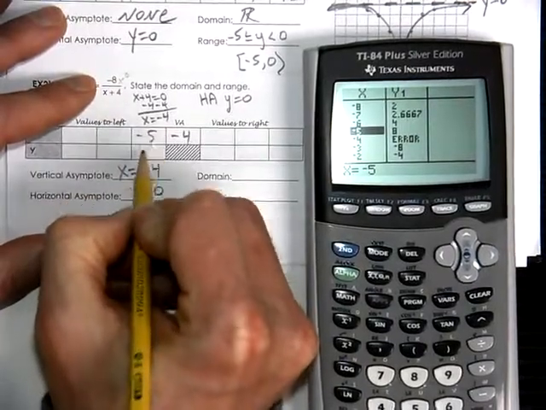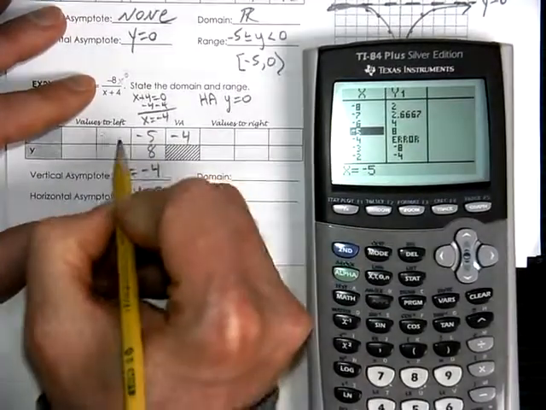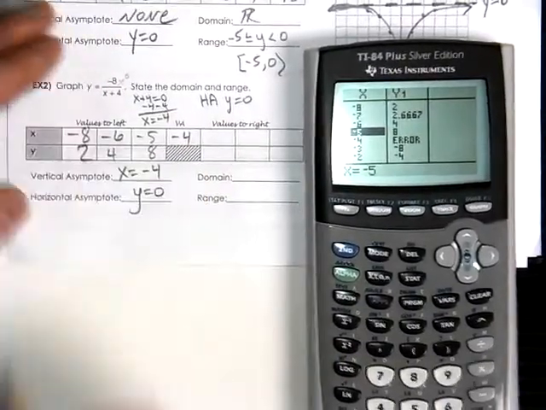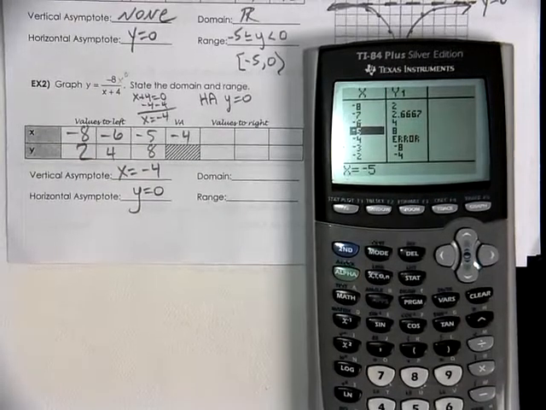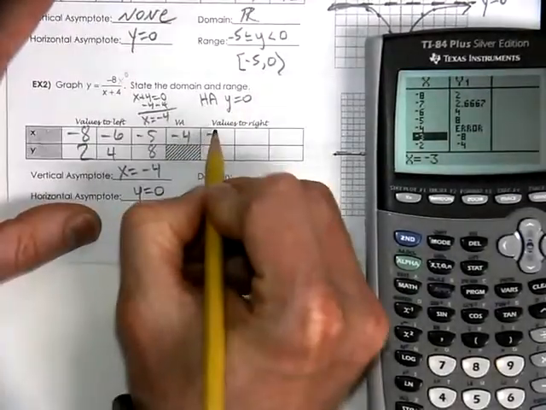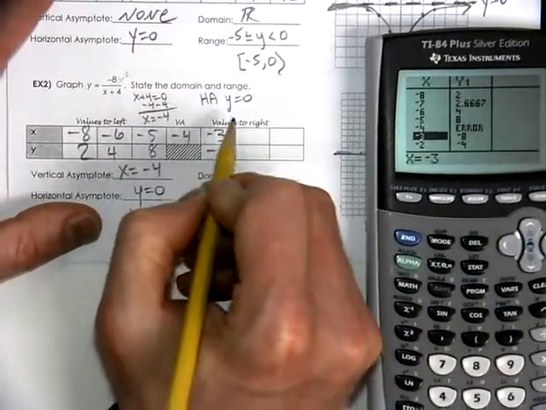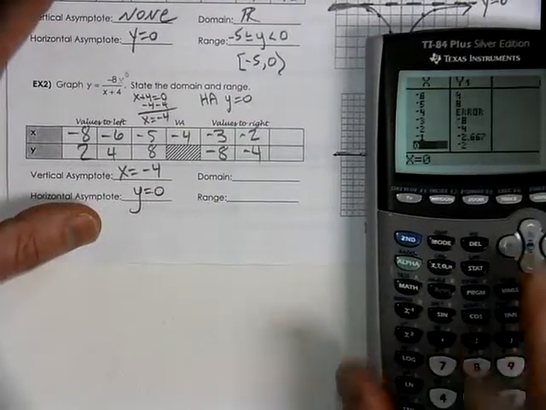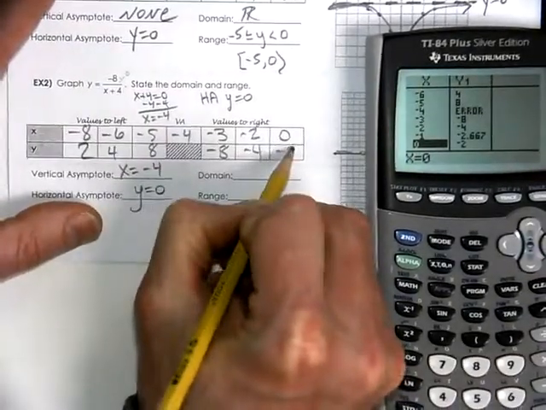At -5, we're at 8. At -6, we're at 4. And at -8, we're at 2. Going the other way, at -3, we're at -8. At -2, we're at -4. And at 0, we're at -2.